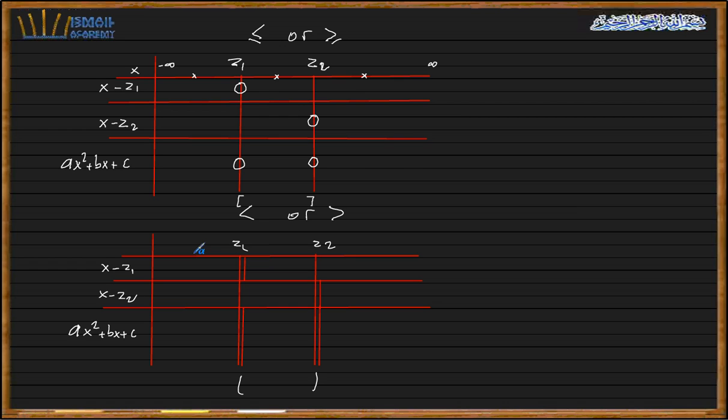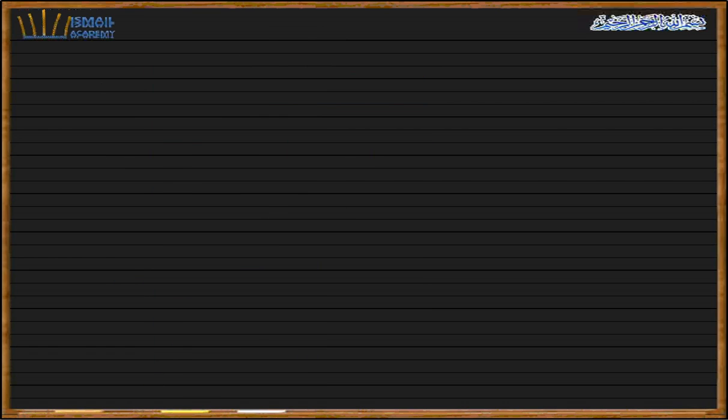So let's now use an example to show you how to use the table with real numbers. Suppose I want to solve x squared plus 7x plus 5 is less than minus 5, for example.